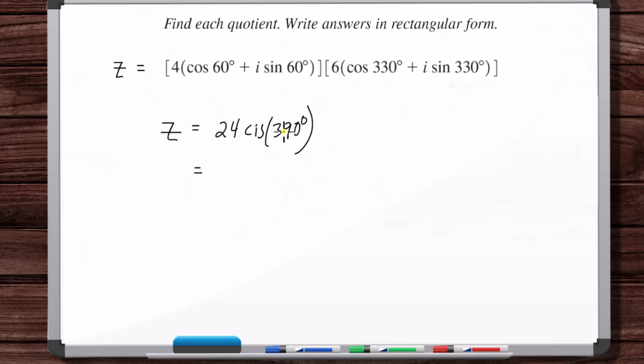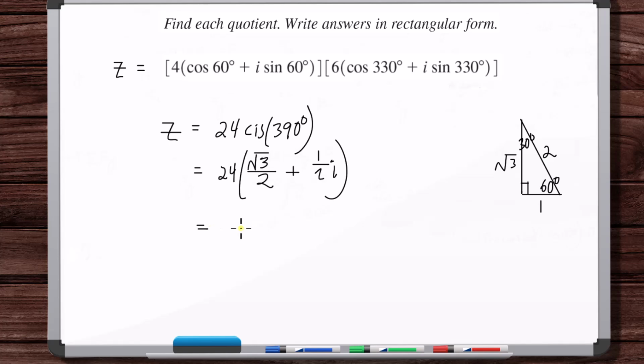Now 390 is in the first quadrant with reference angle 30 degrees. So once again, the 30, 60, 90 triangle: 1, root 3, 2. So cosine 30 is root 3 over 2, sine 30 is 1/2. So it's going to be 12 root 3 plus 12i.